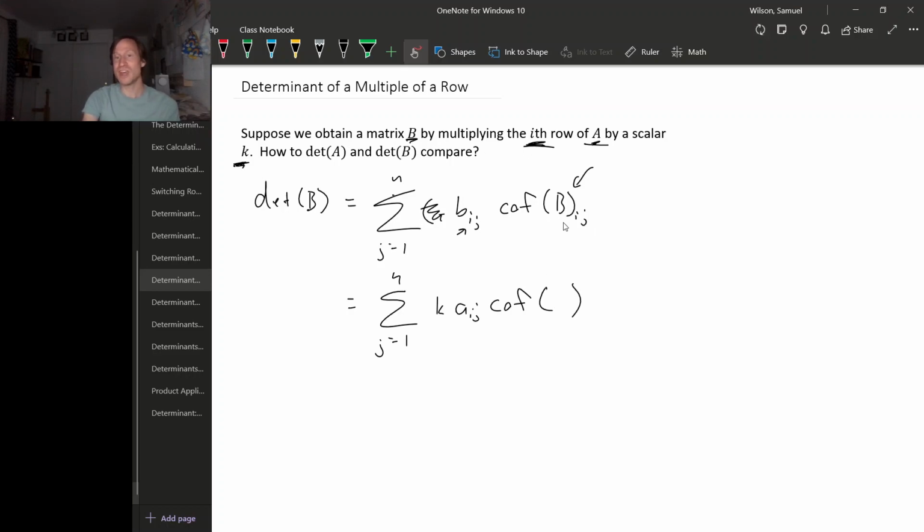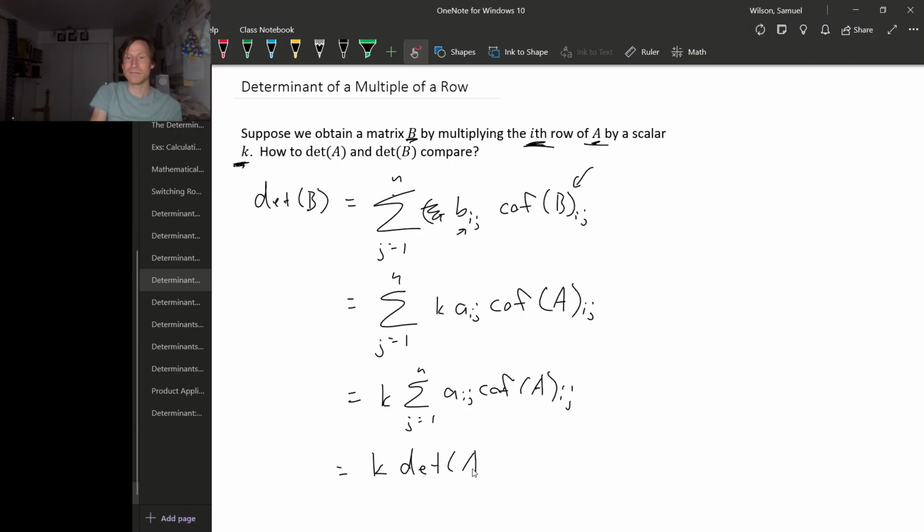So the ij cofactor of B is exactly the same as the ij cofactor of A. But now we can move this k outside: k times the sum from j equals 1 to n of a_ij times the ij cofactor of A, but that's k times the determinant of A. So if we multiply a row of A by a scalar, that multiplies the determinant by exactly the same scalar.